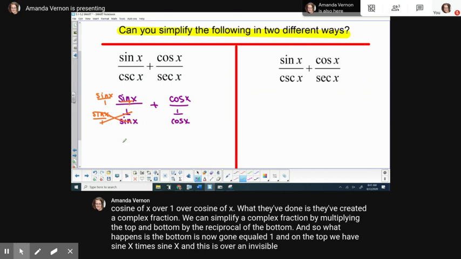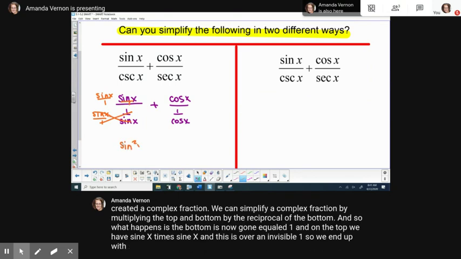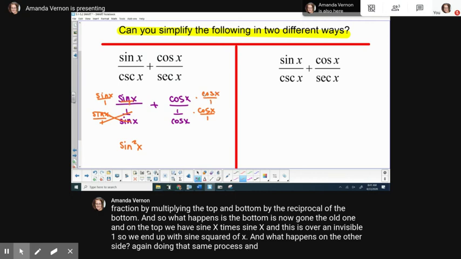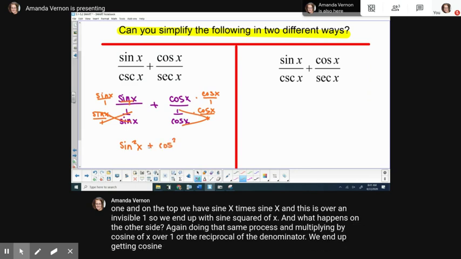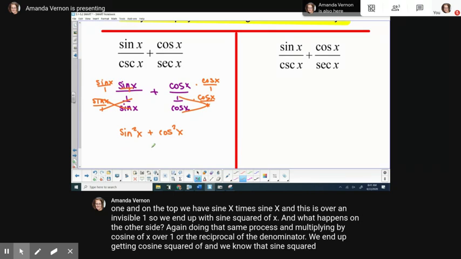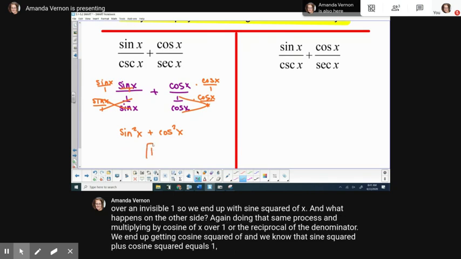So we end up with sine squared of x. And on the other side, doing that same process, I'm multiplying by cosine of x over 1, or the reciprocal of the denominator. We end up getting cosine squared of x. And we know that sine squared plus cosine squared equals 1. This is one of our Pythagorean relationships.